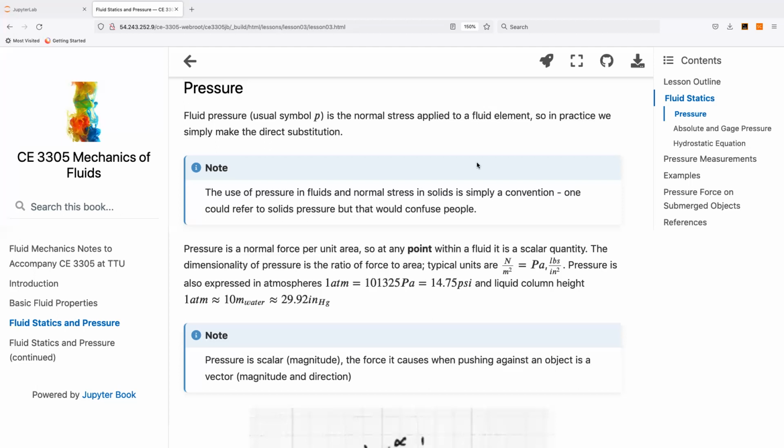So Pascal cloaks over that, 150 years ago. Or 14.7 pounds per square inch, or 10 meters of water, equivalent depth, or 29.92 inches of mercury, equivalent depth. And there's probably a few more common measures of pressure.